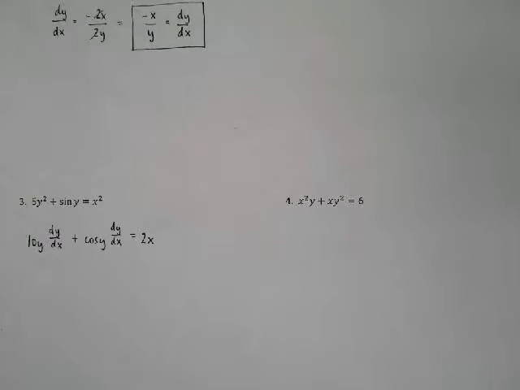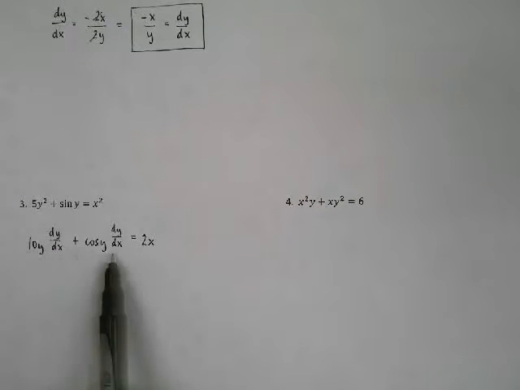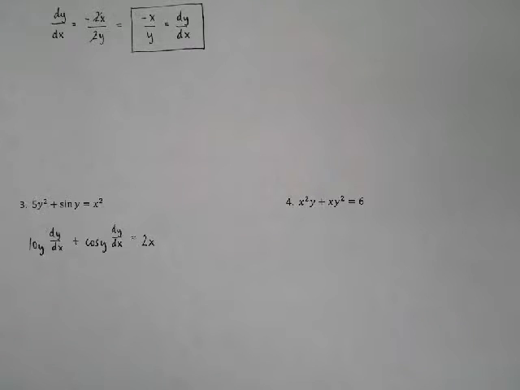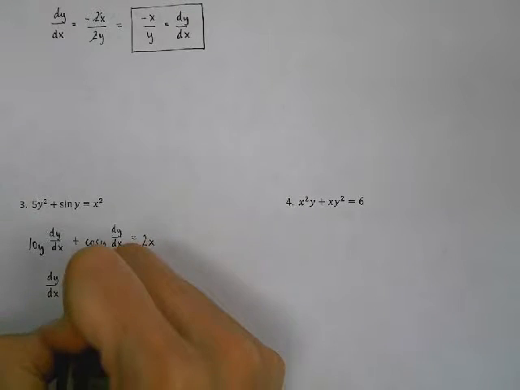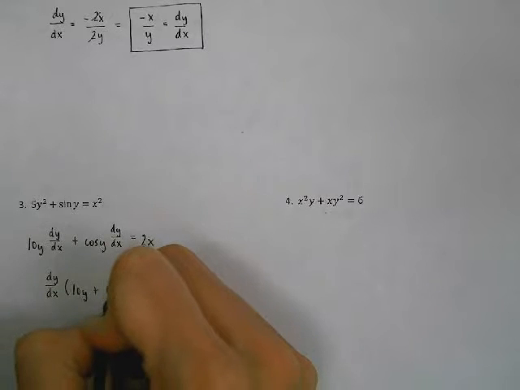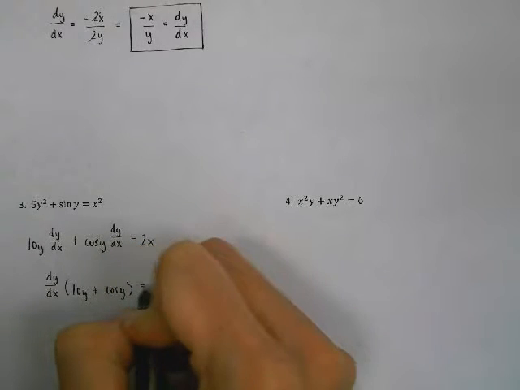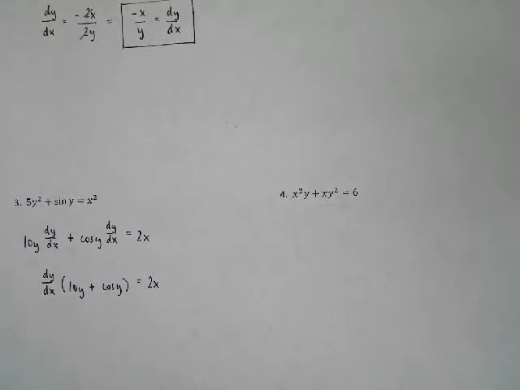So in this case, this is the first time we've had 2 of these dy dx's on one side, so I'm going to factor them out, so ultimately I can isolate that dy dx. So if I take a dy dx out of each term, I have 10y plus cosine y, and that's equal to 2x.